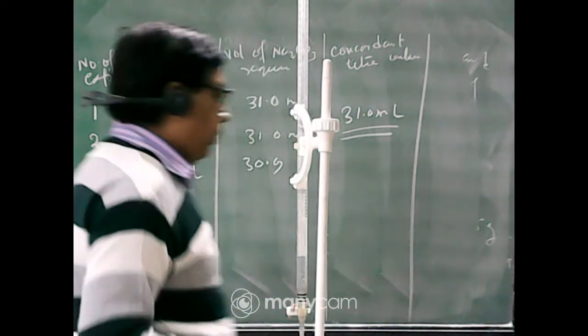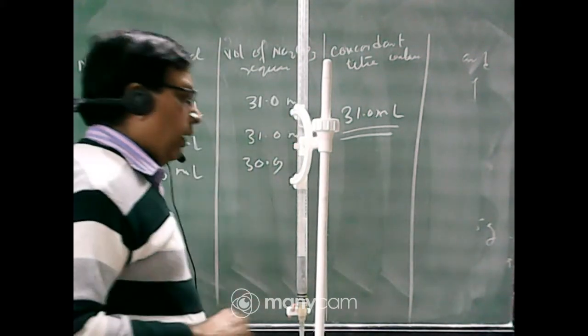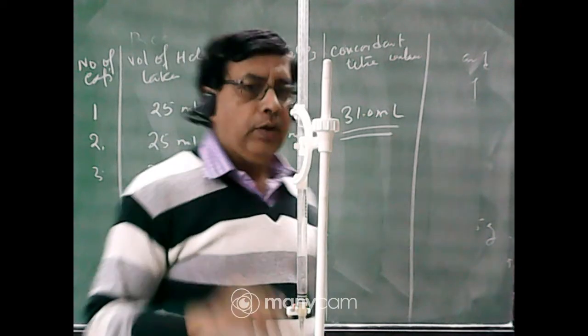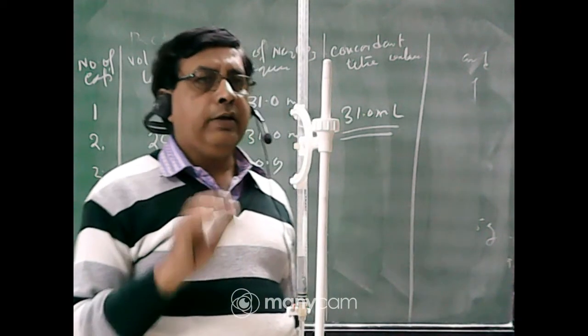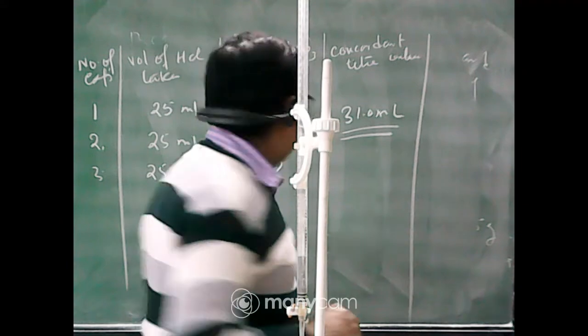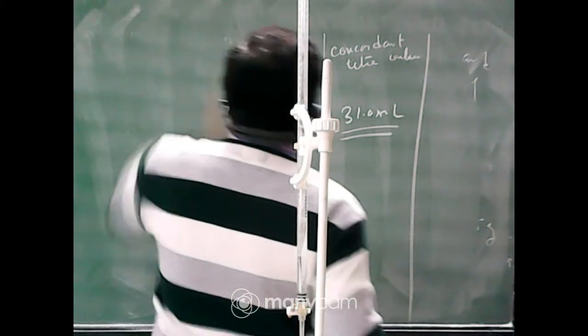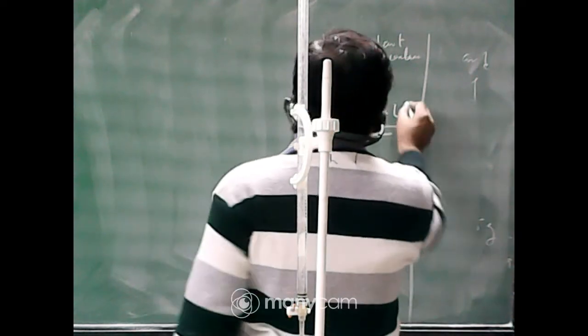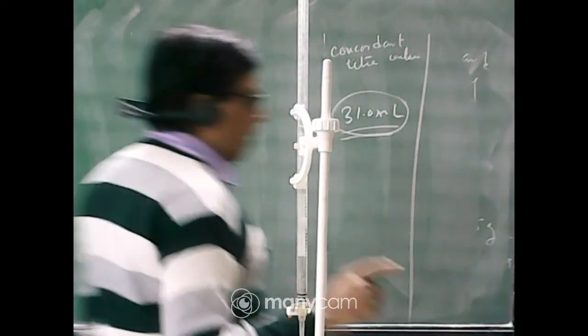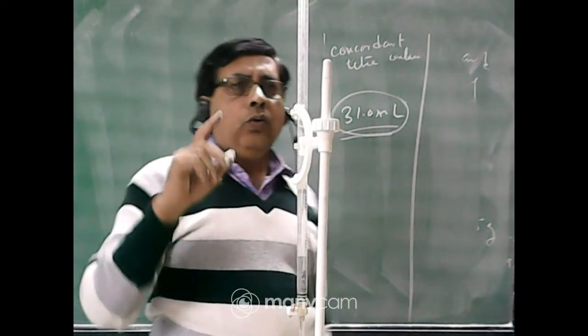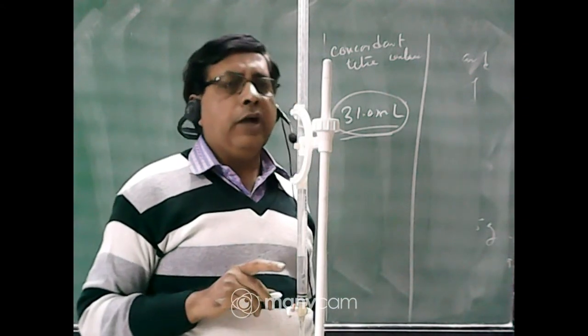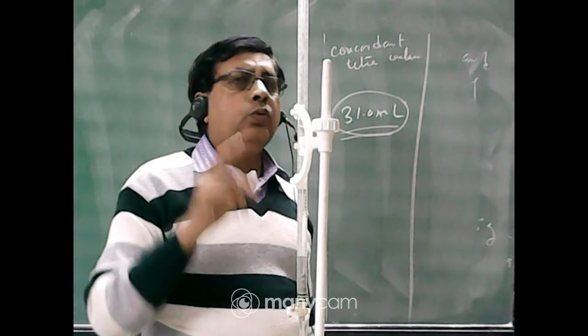Now you have to calculate to find the molarity of HCl. How will you calculate this? You use the formula. So first you remember the titer value is 31 ml. Now in the equation we have seen that 1 mole sodium carbonate reacts with 2 mole HCl.